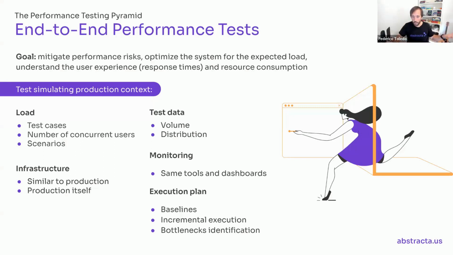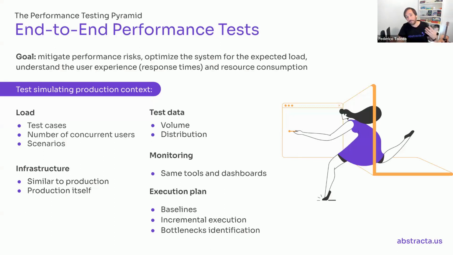Don't try to cover all the system, because the more test cases you add, the more expensive your test is going to be, right? You also need test data, and here the important thing is to have the same volume and distribution of the data that you will have in production, so you can find all the issues related to the data access in your test.